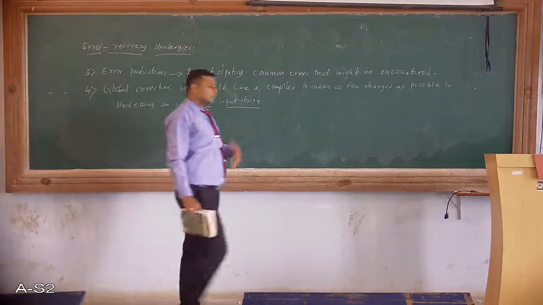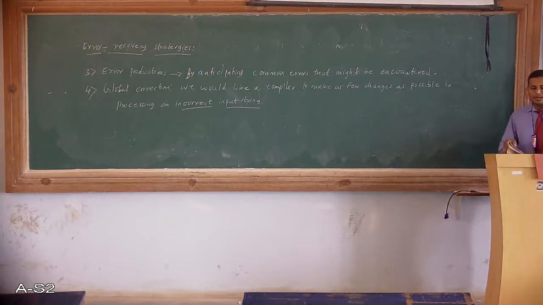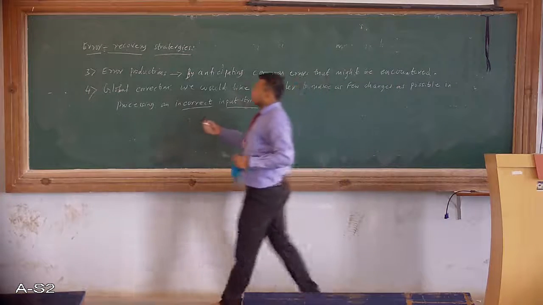The compiler has to adjust itself to make some changes in the algorithm that it is going to use. So we call that global correction.